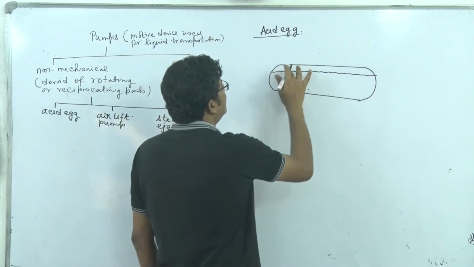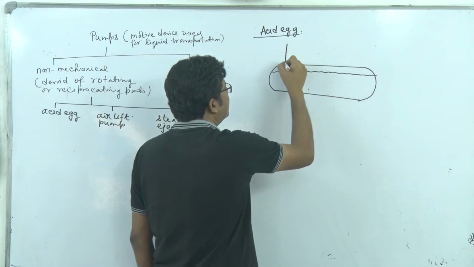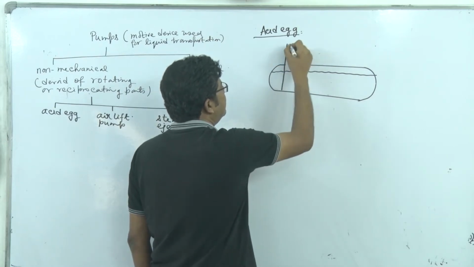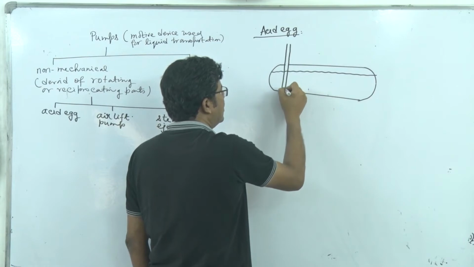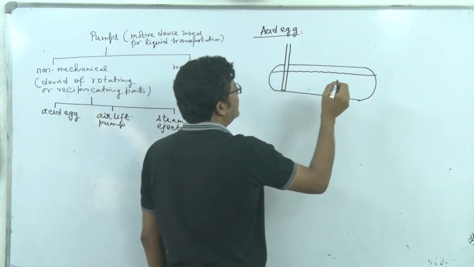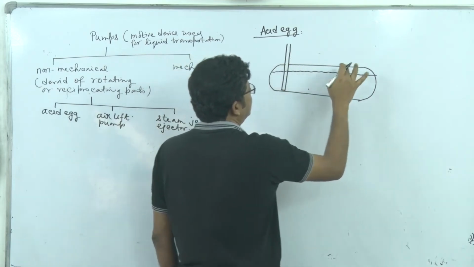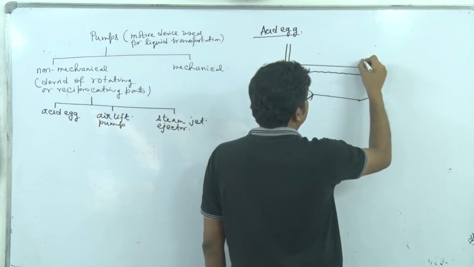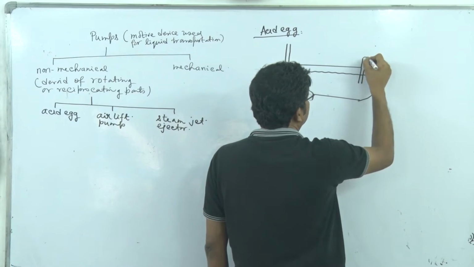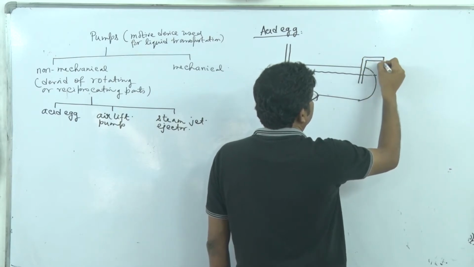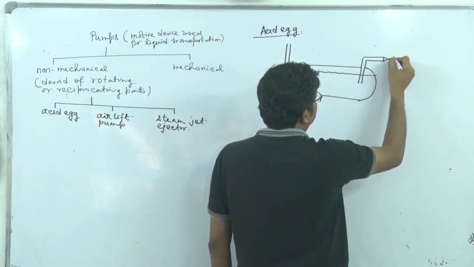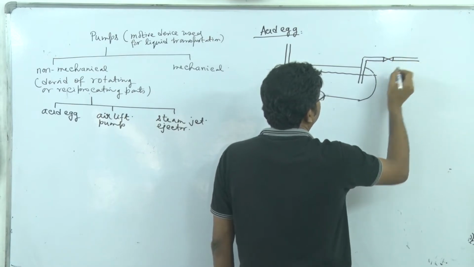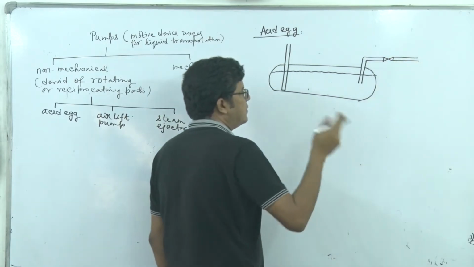We have the delivery line inserted deep towards the base. We have a supply line that is fitted with a check valve, a non-return valve, such that there is no backflow.